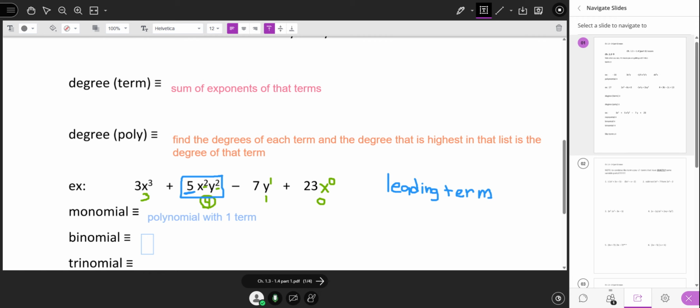Then a binomial is a polynomial with two terms.